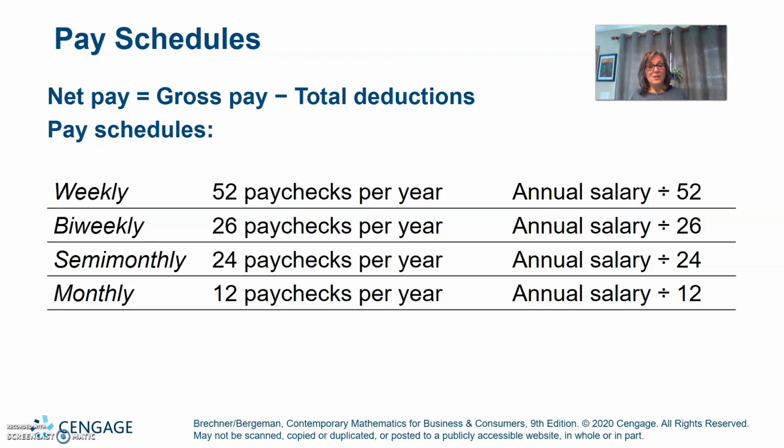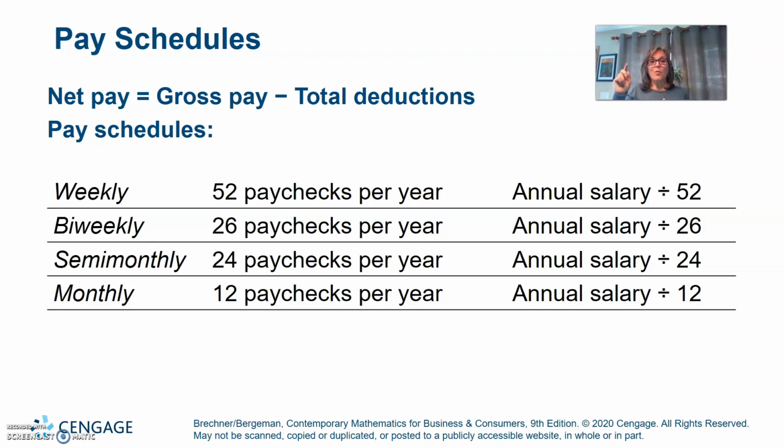Weekly is 52 checks in a pay year, so it's your annual salary divided by 52. Remember, there are 52 weeks in a year, and that's not even perfect, because 365 divided by 7 is not exactly 52. There's a decimal there, so it gets a little funky.